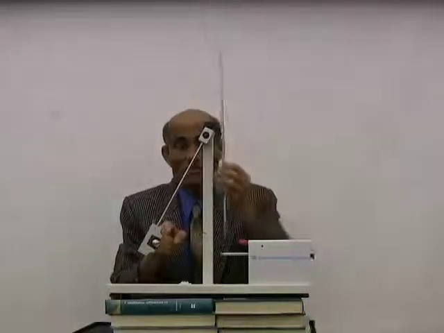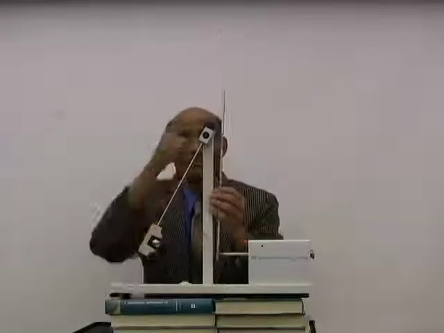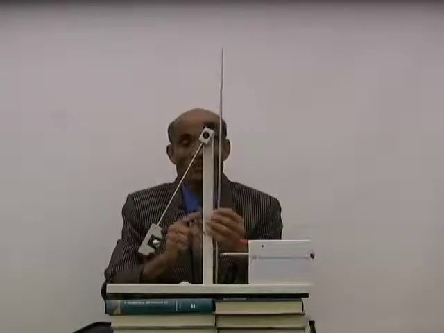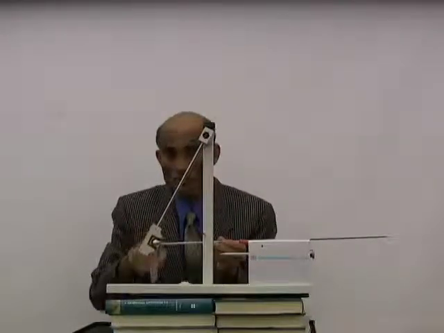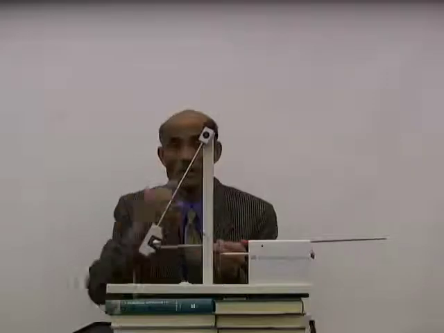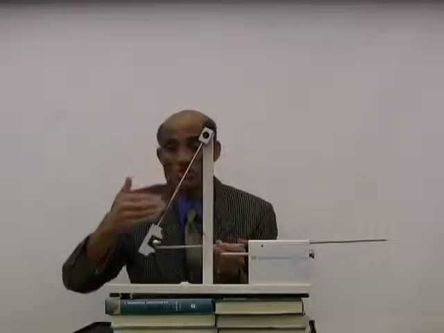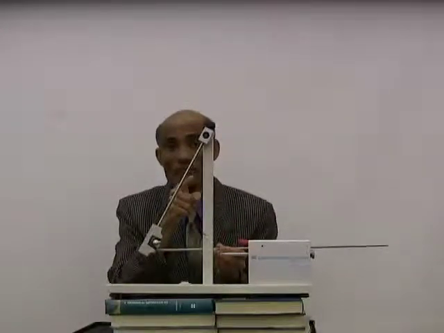In other words, if you consider a vertical axis there, the perpendicular distance between the direction of the force and that vertical is now the torque arm. If this distance is r, this will now be r sine theta, where theta is this angle.